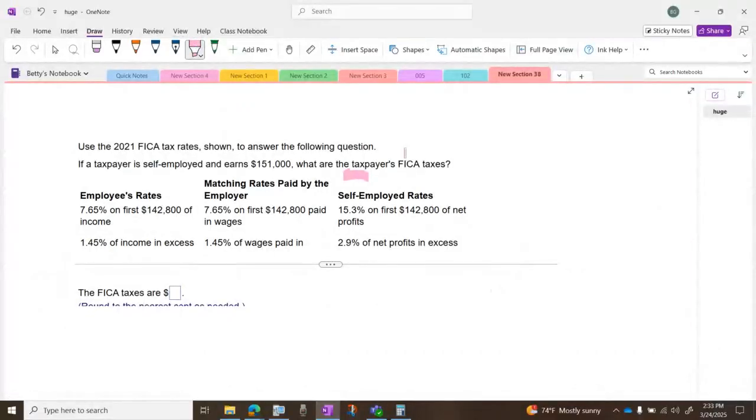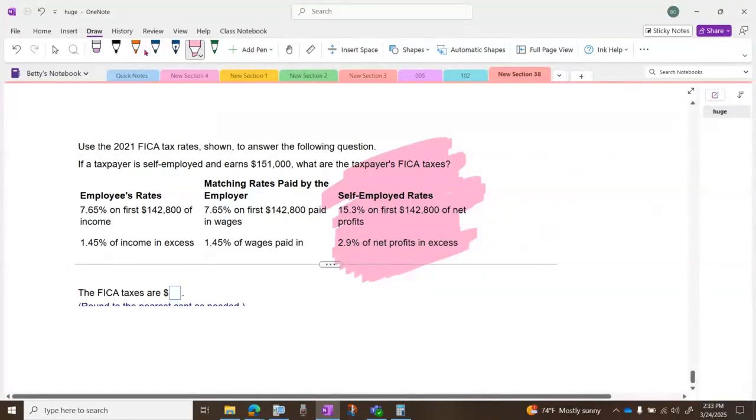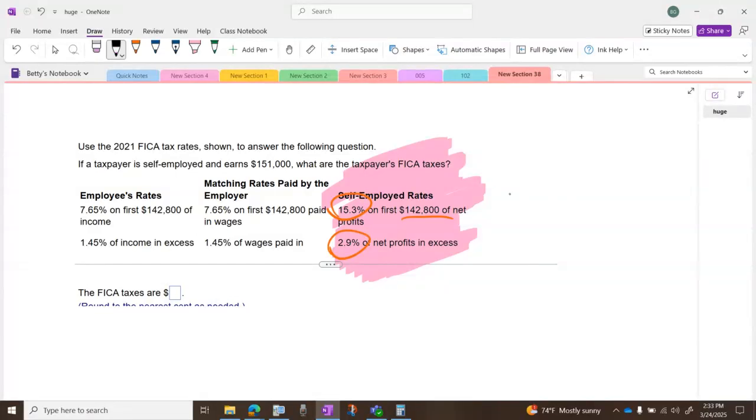Firstly, we know we're going to look at the last column because the person is self-employed. And this person is going to have both rates because his gross income goes beyond the maximum of the first bracket. So let me write down the two brackets for him.